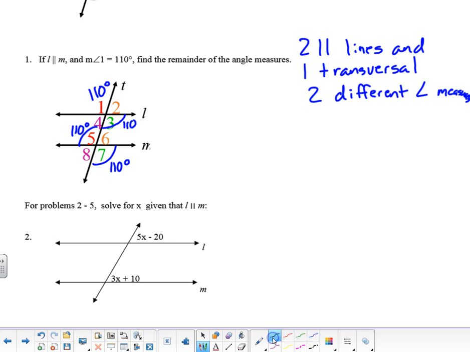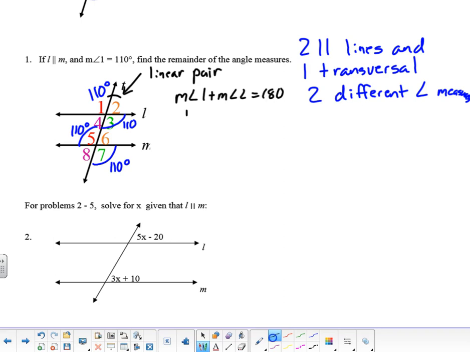Now, if we come back up here, 1 and 2, what is this called right here? This is a linear pair. And we should remember that a linear pair is also supplementary. So the measure of angle 1 plus the measure of angle 2 has to equal 180.